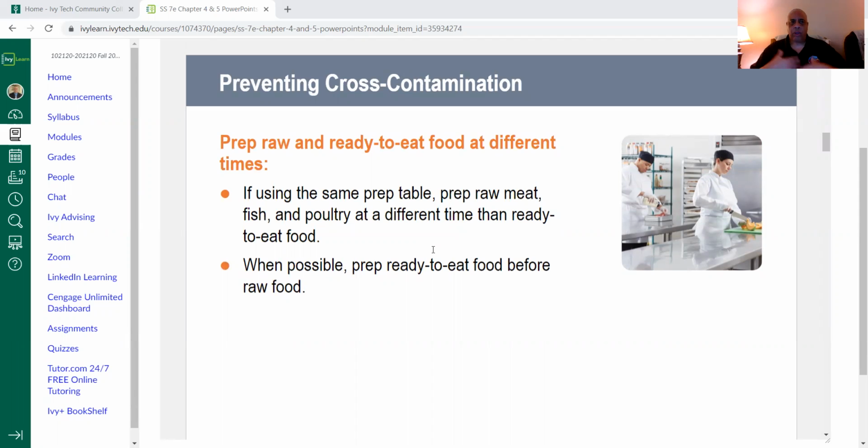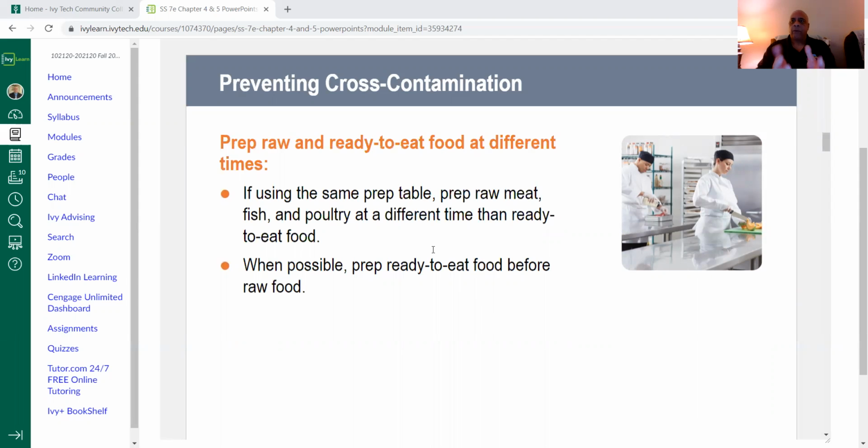So what you do when you have prep tasks, like when you prep raw and ready-to-eat food at different times, well, if you're going to use the same prep table, then prep raw meat, fish, and poultry at a different time than ready-to-eat food. Why?